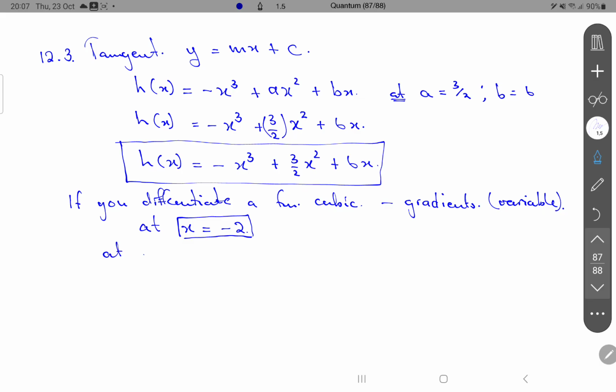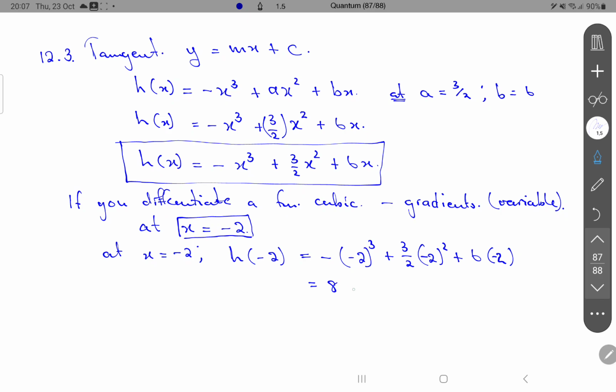So at x equals negative 2, we are saying h of negative 2 is equal to negative of negative 2 cubed plus 3 over 2 of negative 2 squared plus 6 of negative 2. Sorry, I have to put negative 2 each time. So if you do that, you get a positive 8.